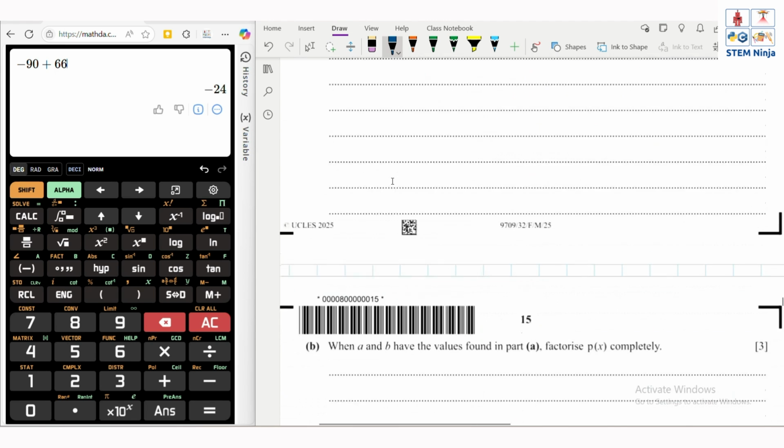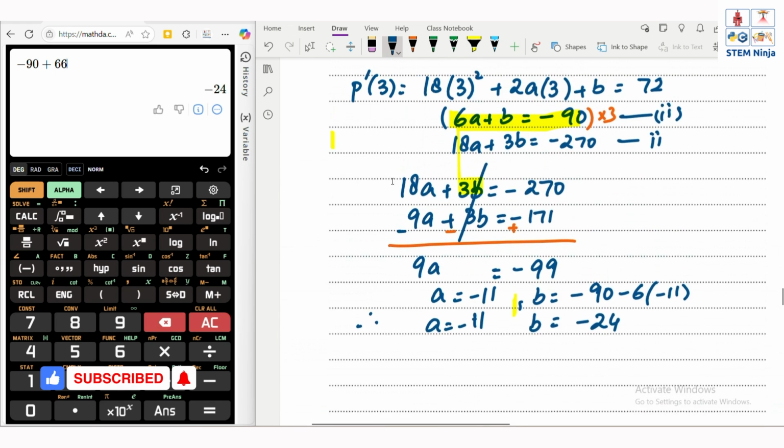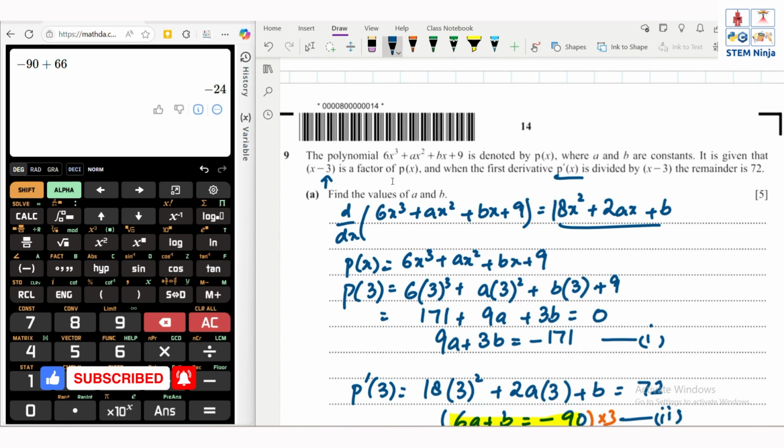Okay, moving on. When a and b have the values found in part a, factorize p of x completely. So all right, this is a cubic equation. We have one factor. So we can do the long division over here, and then we can further factorize.